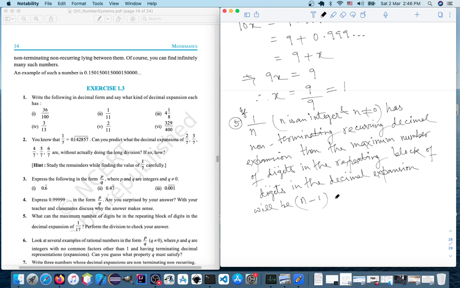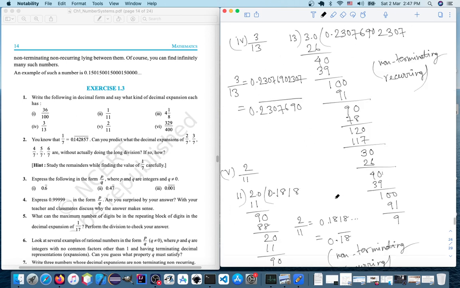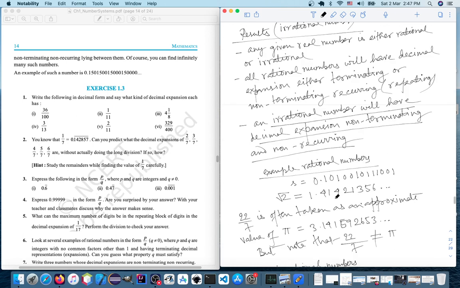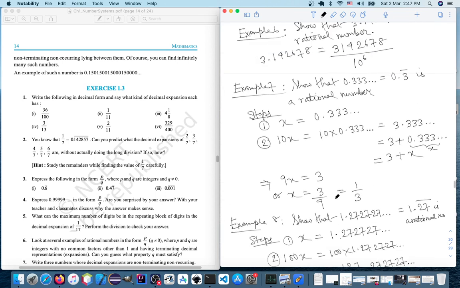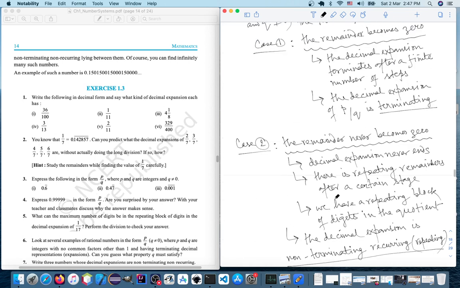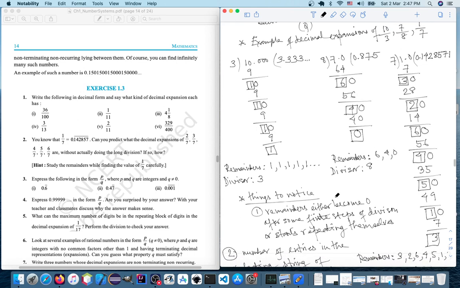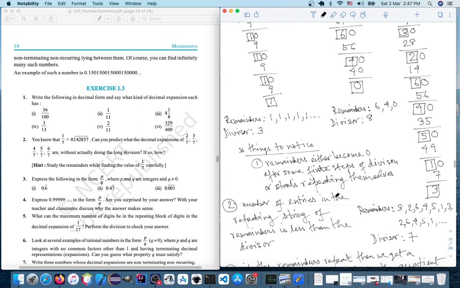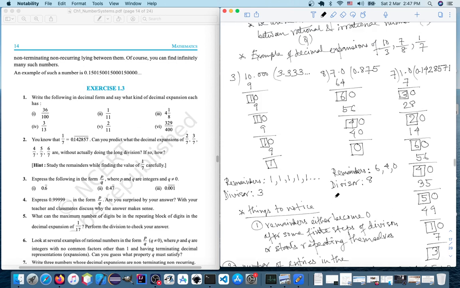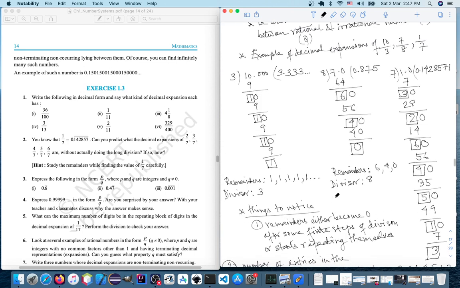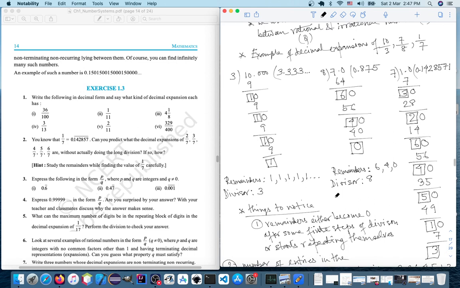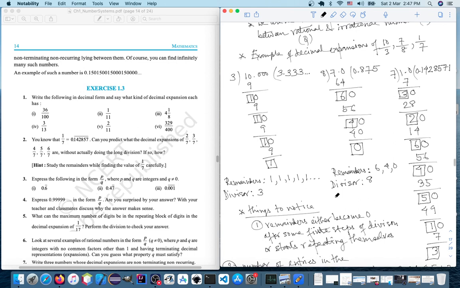It is always less than n. We have discussed earlier, in the very beginning when we were doing the long division method, finding the decimal expansion of 1 by 7 or 1 by 3, that the number of digits in the repeating block will always be less than the divisor.